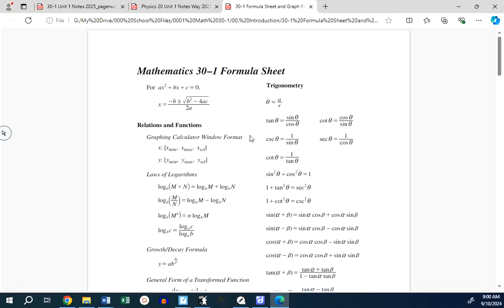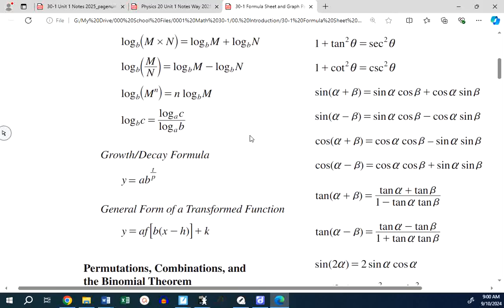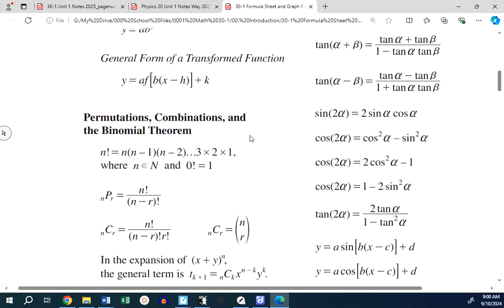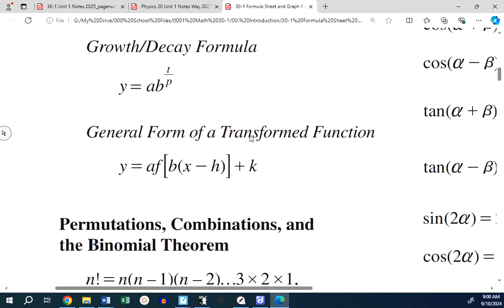You're given what are called the laws of logarithms, some exponential information, some permutations and combinations at the bottom. But kind of 2/3 of the way down on the left, you're given the general form of a transformed function. So this is a template that you can refer to, although I would probably say that by the time you do a bit of work with it, you don't need to refer to it. Okay? But it is there if you need to.